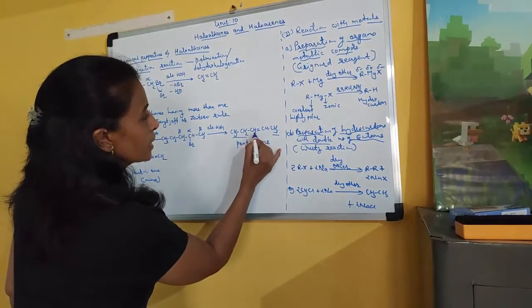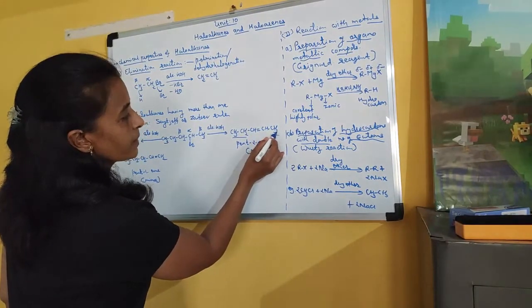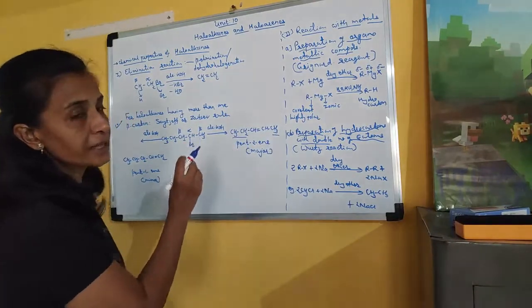Now here you can see these two are doubly bonded carbon atoms. On one side there is a methyl group, on another side there is an ethyl group.